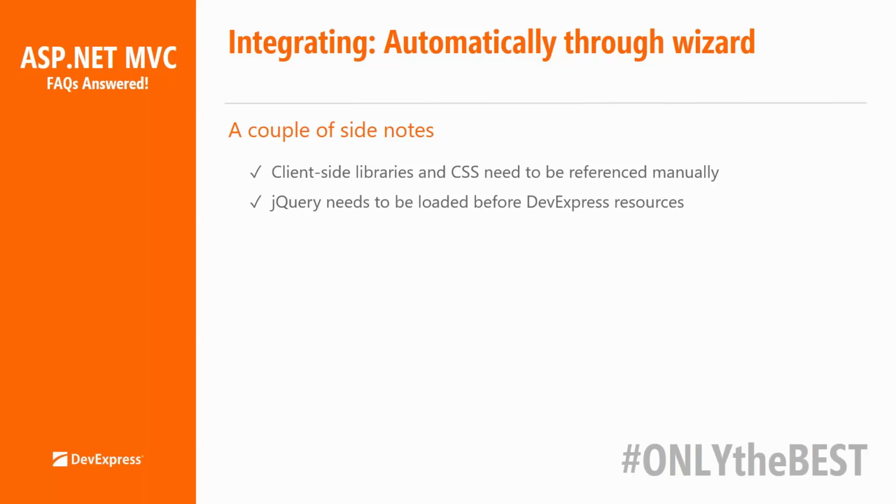If you're not using jQuery at all, don't bother, because we'll supply jQuery for you. In case you are using your own jQuery version, you need to change a setting in the web.config so that we should not provide the jQuery which is embedded in our resources. That's one little thing to think about.